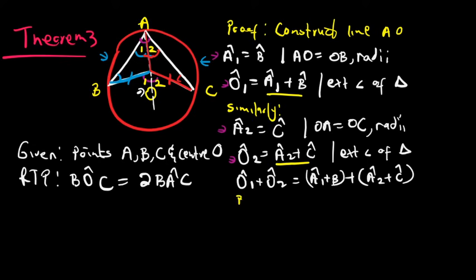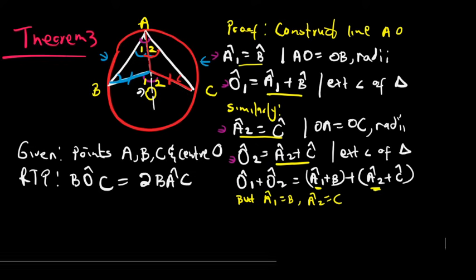But you need to remember, we said angle A1 is equal to B, angle A2 is equal to C. So we said that here and here, right? So we have to substitute that. Wherever we see A1, we're going to put B. Wherever we see A2, we're going to put C, right?